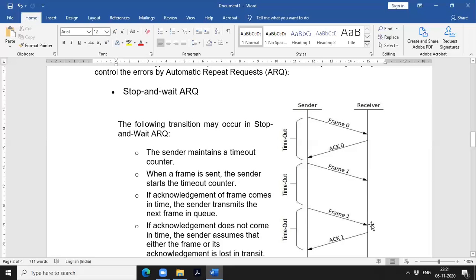This time the receiver sends back a positive acknowledgement. This method continues until all your data has been successfully transmitted from the sender to the receiver side.